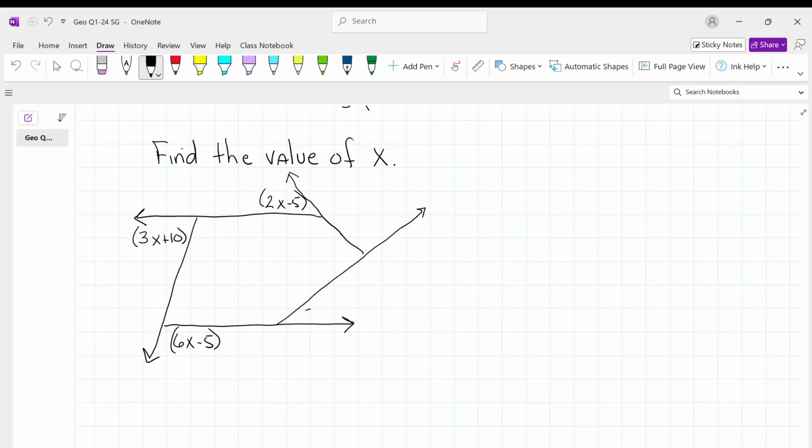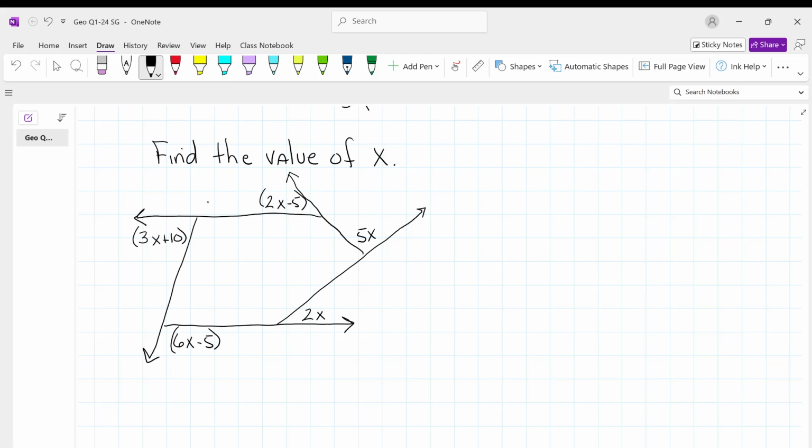A 2x. And a 5x. These are all exterior angles. One at each vertex. If you're asked to find the value of x, then all of these expressions added together will equal 360 degrees.